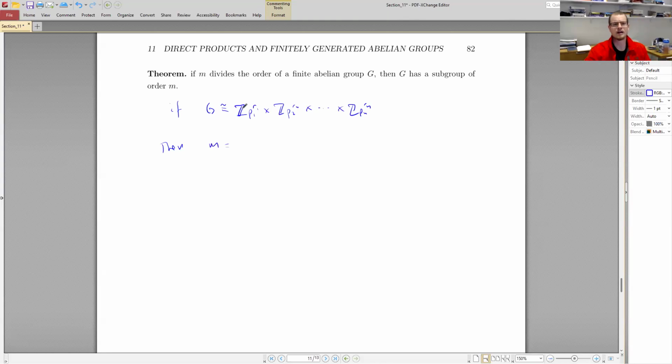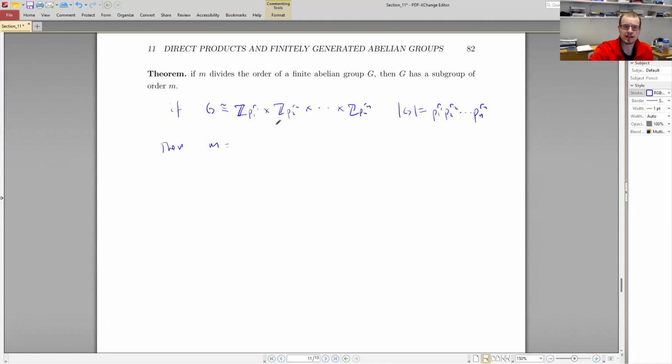Then if M divides the order of G, of course, the order of G is P1 to the R1 times P2 to the R2, all the way up to Pn to the Rn.